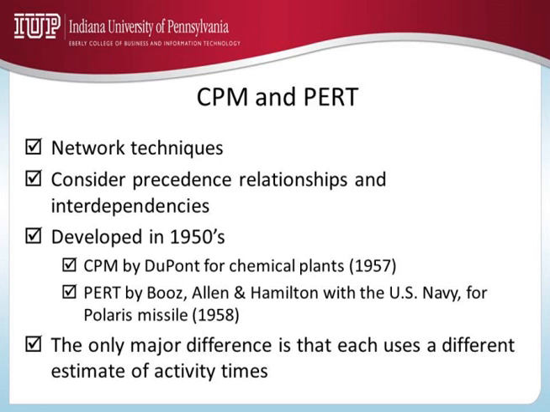Just to give you some historic perspective, CPM, the critical path method, was developed by the company DuPont for maintenance activities in their chemical plants way back in 1957, whereas the PERT method was almost concurrently developed in 1958 by the consulting firm Booz Allen and Hamilton, for the US Navy, which was developing the first intercontinental ballistic missile, the Polaris.